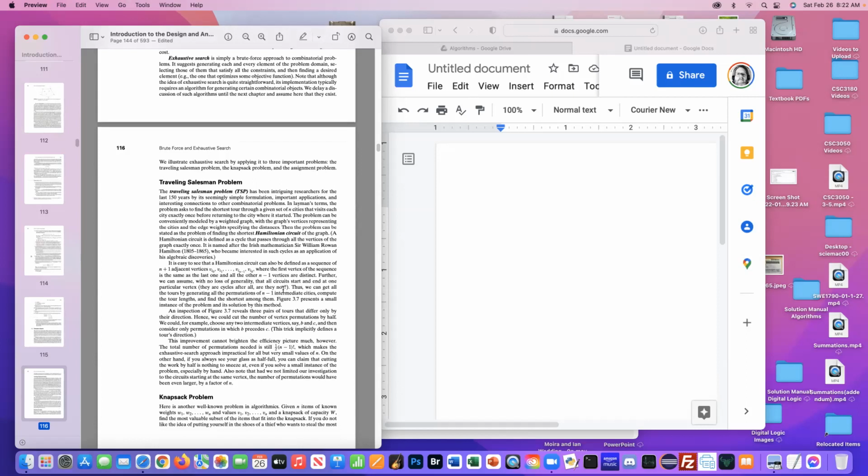It says basically that you have a salesman who has to go through N cities, visit each city exactly one time, and return back to where they started. The problem will typically be represented by a weighted graph where each edge has a distance weight. The point is to find the most efficient path through that.